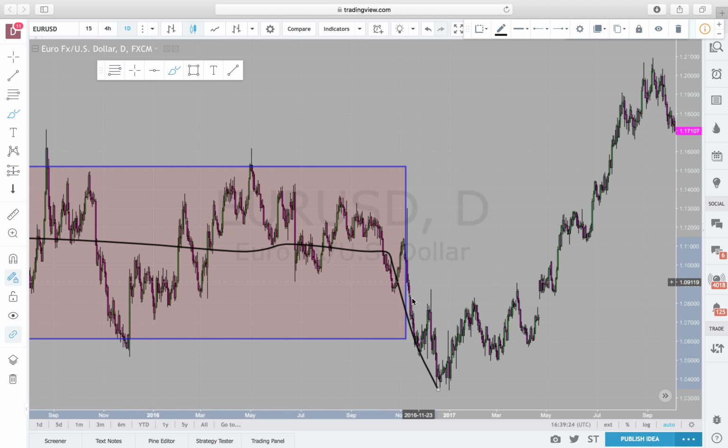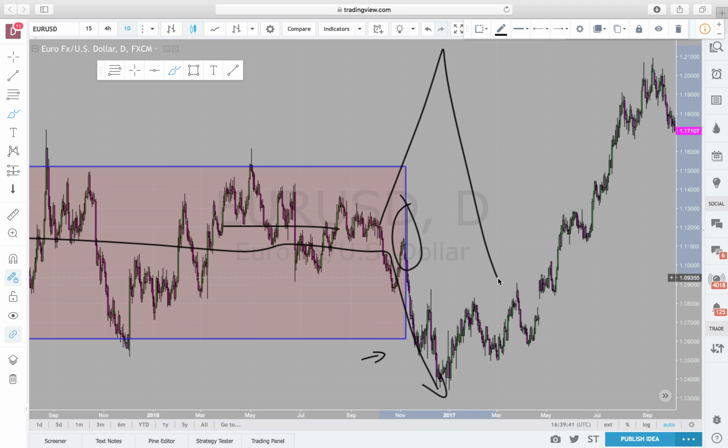This was when Trump was getting elected. Everybody was saying, woohoo, make America great again. So what is inverse to the euro? This is the dollar. So the dollar was going up. Meanwhile, the euro was tanking. And all of the propaganda was talking about Trump being amazing.